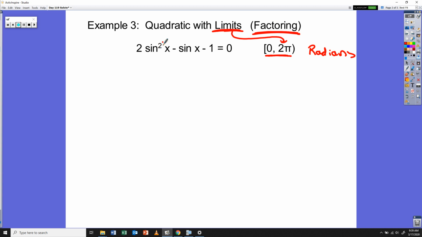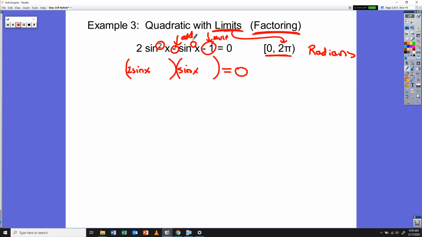When I look at this, again, this is set up like a quadratic. We see a sine squared, we see a sine to the first power, and we see a constant. This one actually is pretty easy to factor. We should always, for quadratics, attempt to factor first. So the way that this would break down would be 2 sine of x and a regular sine of x. And then we want to think about two numbers that could multiply together to make -1, and also add together in the middle when you FOIL this out to give you a -1 coefficient in front of the middle term.